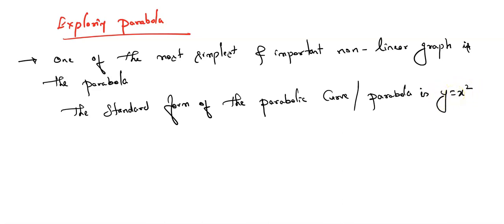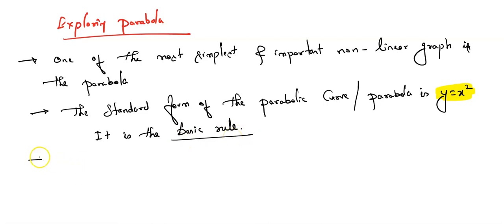This is very important. You should not neglect and forget this point. So what is the standard form of parabola? The standard form of the parabola is y equals x square. It is also called the basic rule.